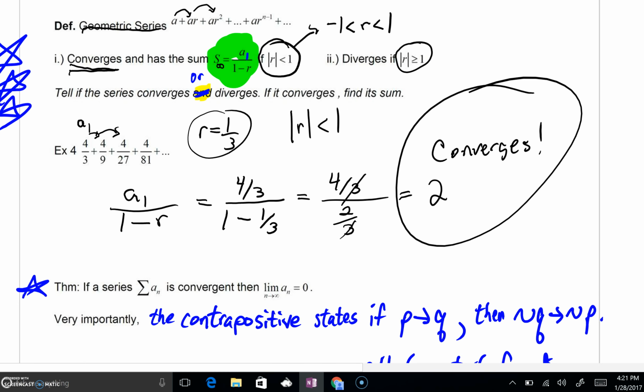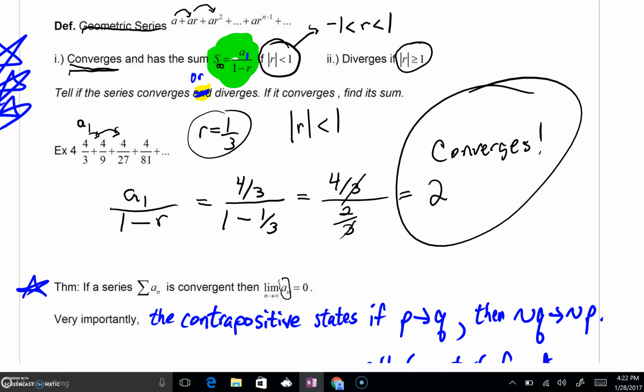Here's a theorem. If a series is convergent, then the limit of the formula, the nth term of the sequence, will go to 0. I'll be honest with you, we don't usually use this theorem directly, hardly at all. What we do use is its contrapositive.